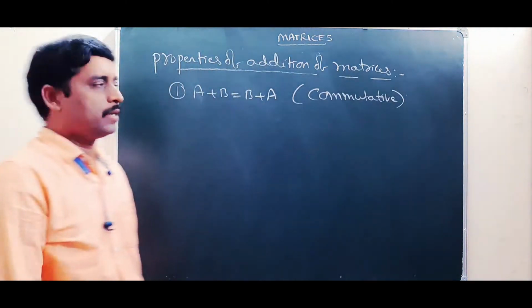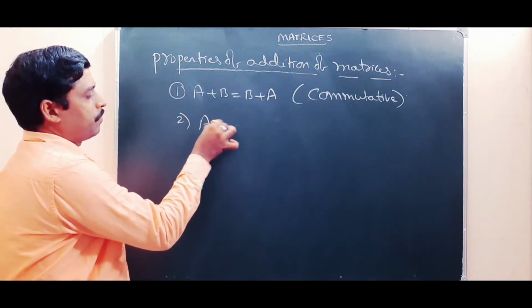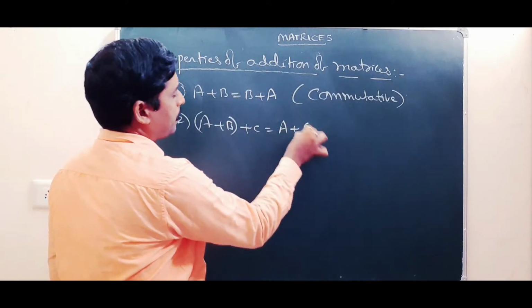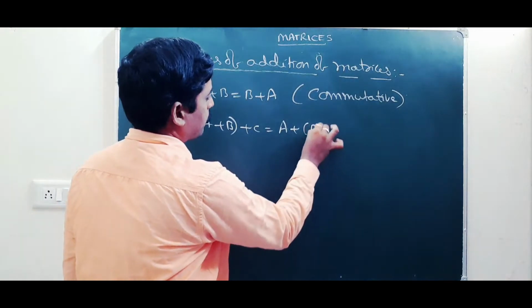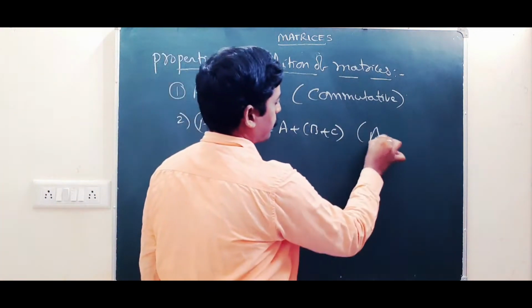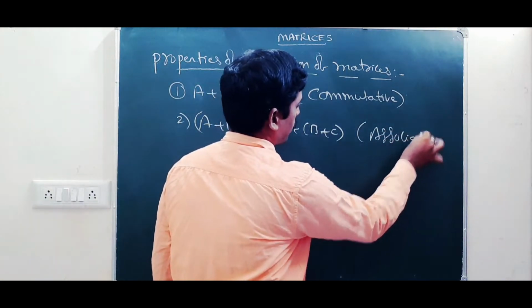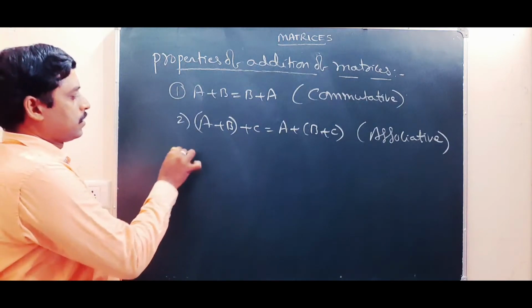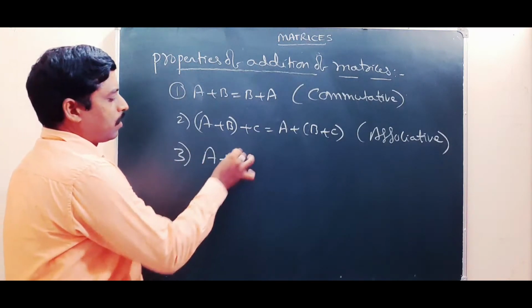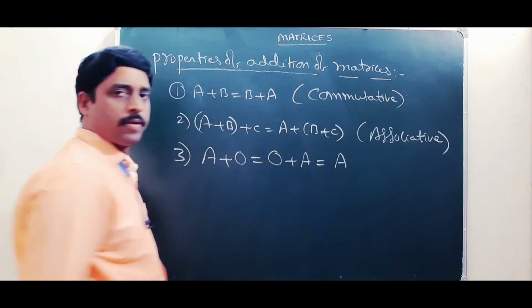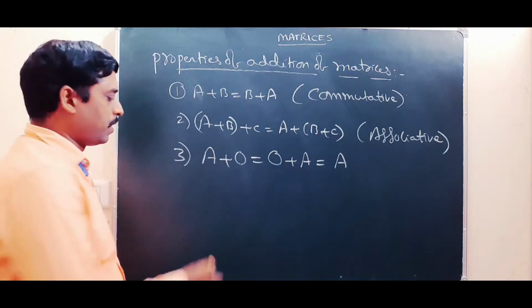Next, A plus B plus C, grouped either way, is always equal. This is the associative property. Third, A plus O equals O plus A equals A, where O is the zero matrix.